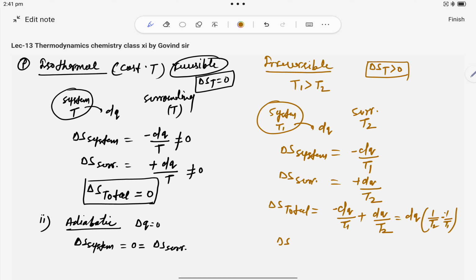So delta S total is equal to dq times (T1 minus T2) upon T2 T1, which is greater than 0.